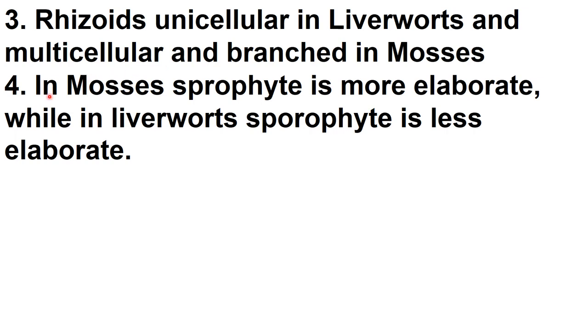The fourth difference is that in mosses the sporophyte is more elaborate, while in liverworts the sporophyte is less elaborate. More elaborate means the three parts of the sporophyte, foot, seta and capsule, are well differentiated. In liverworts sometimes even the foot is absent, so it is called less elaborate. I hope all these answers are clear to you.